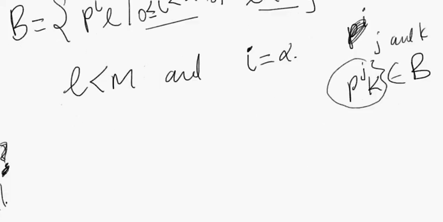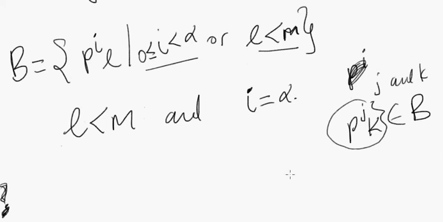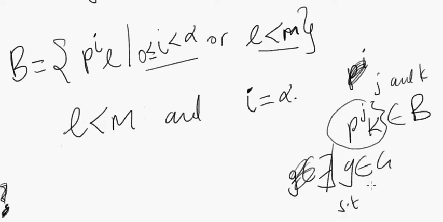But at the same time, perhaps for some j and k, there does not exist a little g in G such that the order of g equals p to the j times k.